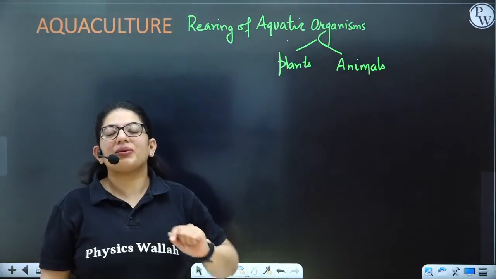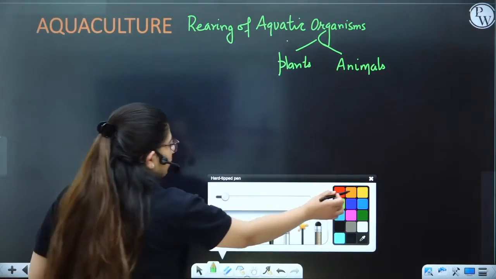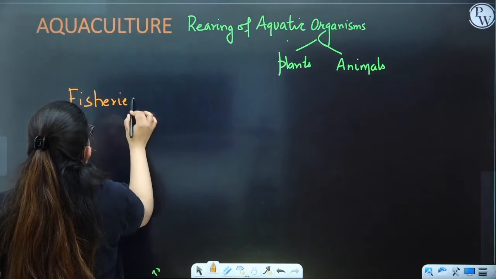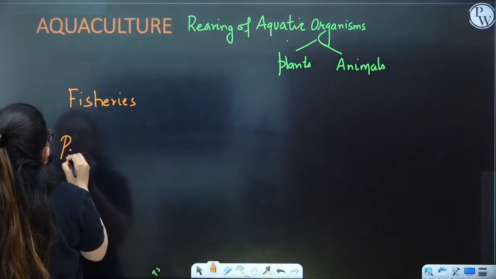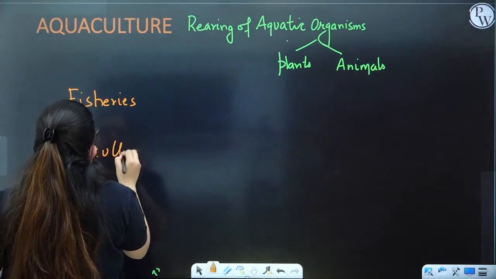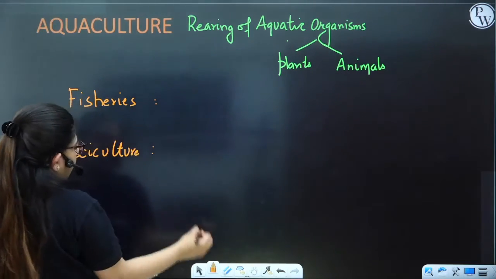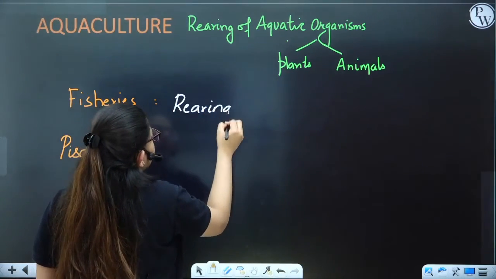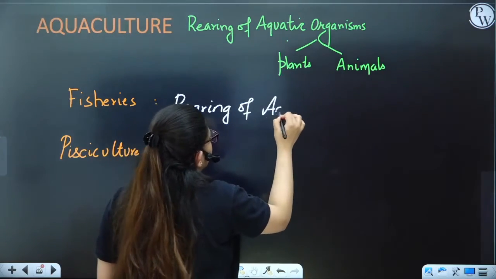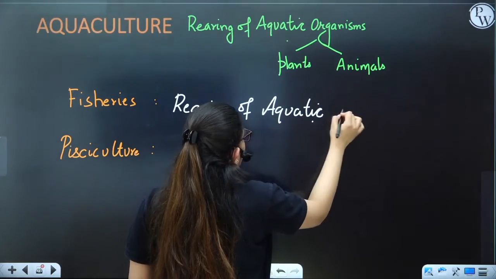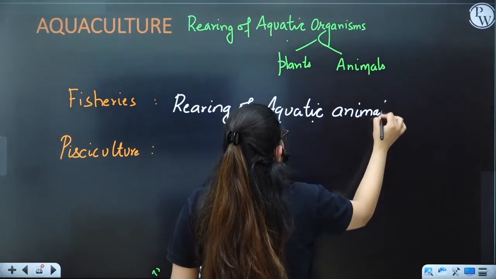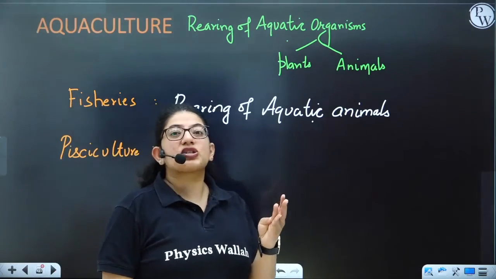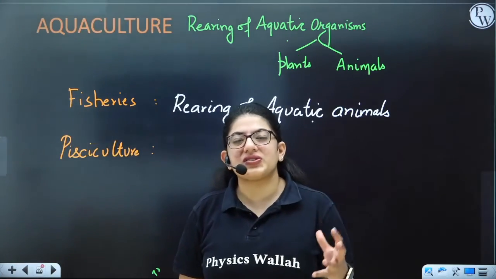But when I'm talking about the word fisheries, there are three terms basically. One is aquaculture, one is fisheries, and another is pisciculture. Aquaculture is the rearing of aquatic organisms. Fisheries is about aquatic animals: the fishes, the squids, the oysters, the octopus.